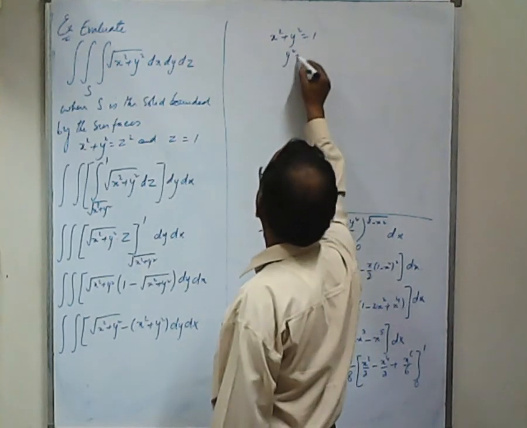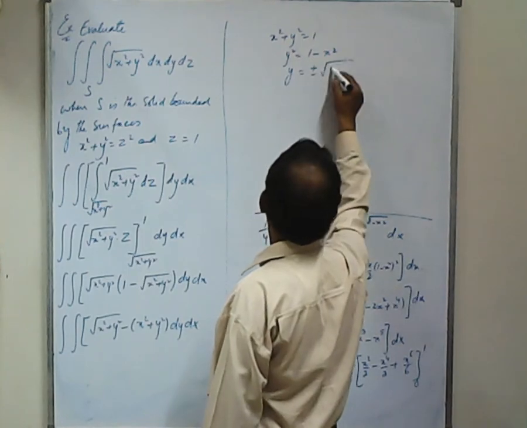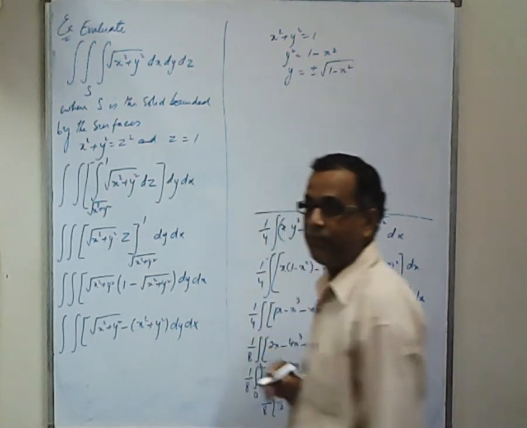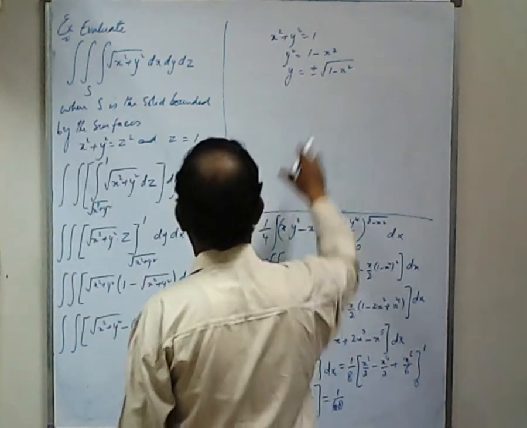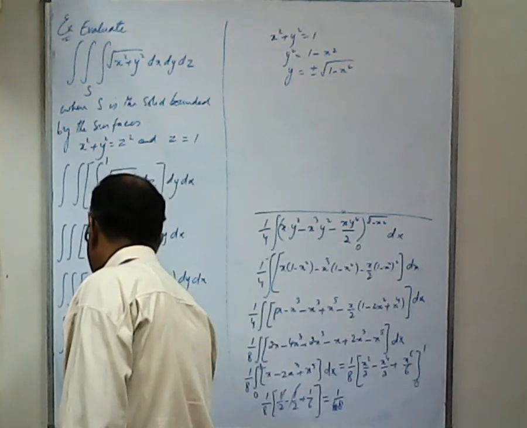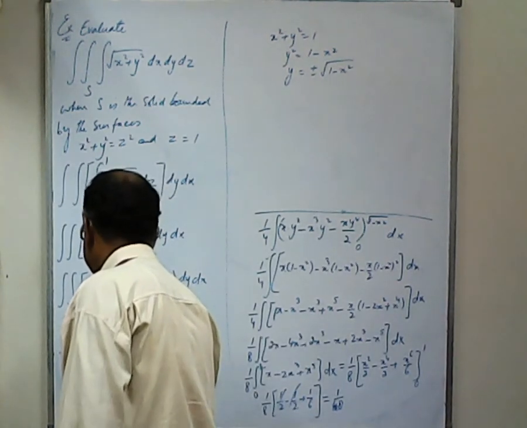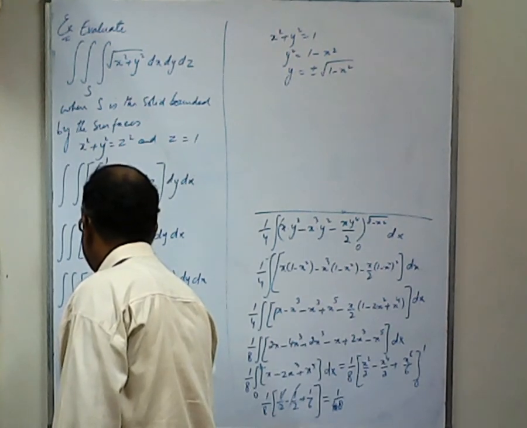So y square is equal to 1 minus x square. So y is equal to plus minus under root 1 minus x square. Since I do not have any other value of y, I will use these two limits: minus under root 1 minus x square and plus under root 1 minus x square.